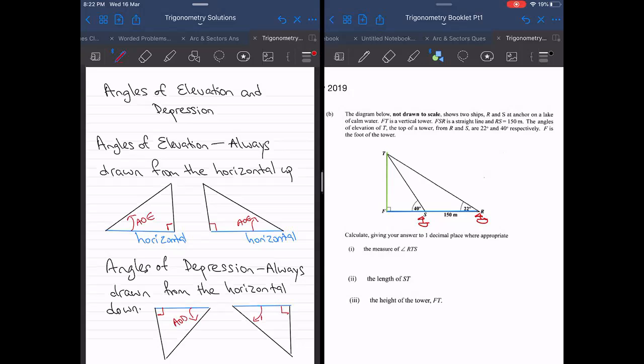So just ensure that you know how to identify your angle of elevation versus your angle of depression. Okay, so take that down. I know that might be new information for some persons.